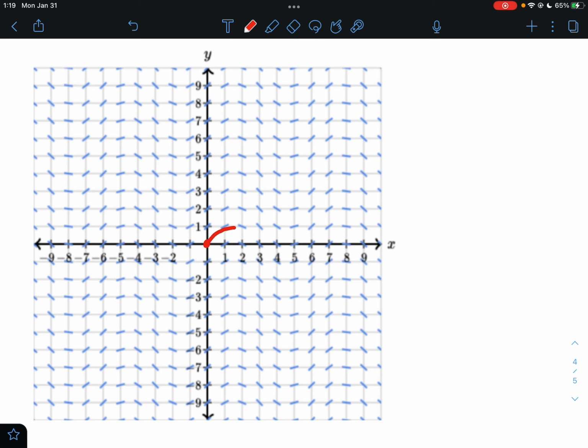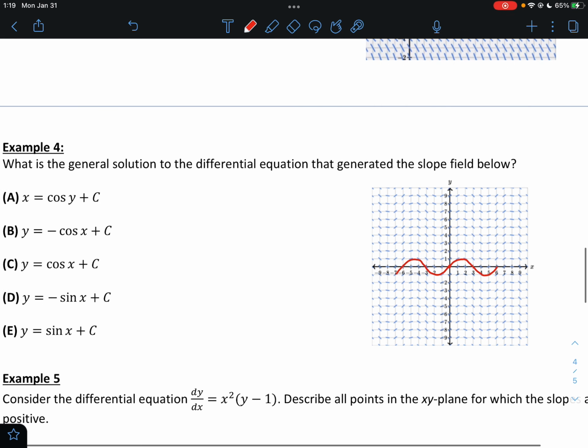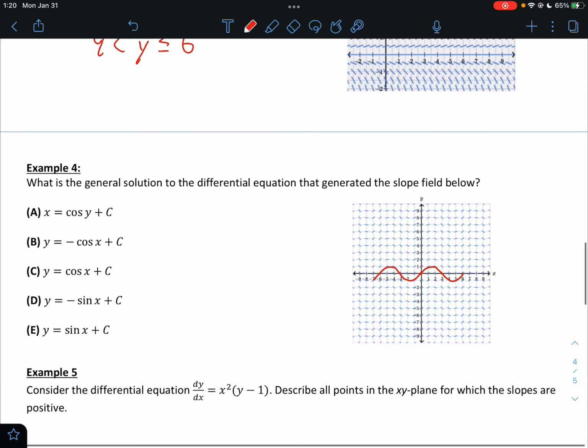Let's try that again. That's better. So it goes through 0, 0, and then goes up, and then down, and then up, and then down. But if it goes through 0, 0, we know it's going to be a sine wave. So it's going to be D or E. And since the wave goes up first instead of down first, it's a positive sine wave. So that would be E.